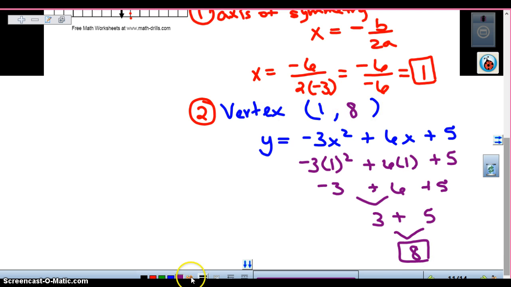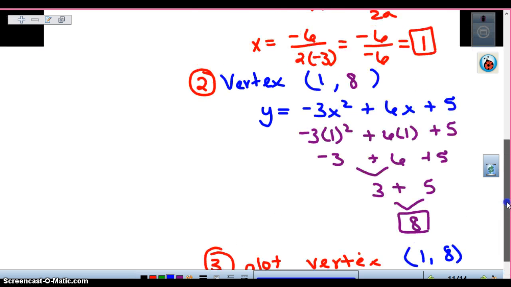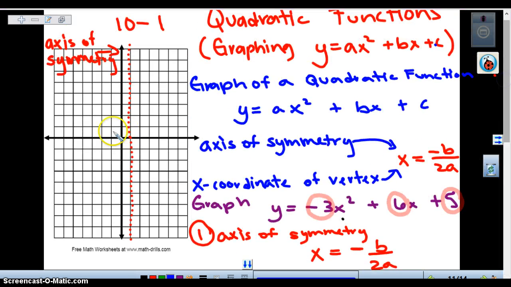Now that I know my coordinates for the vertex, my next step is to plot the vertex. That means I'm going to plot ordered pair 1, 8. So let's go back to the graph. To 1, 8. 1, 2, 3, 4, 5, 6, 7, 8. This right here is my vertex.